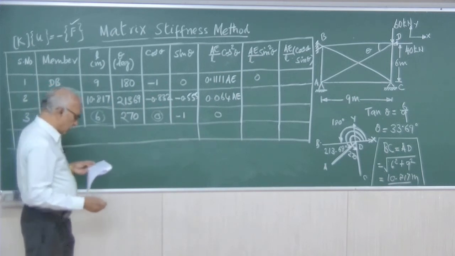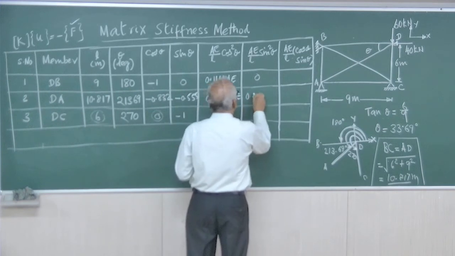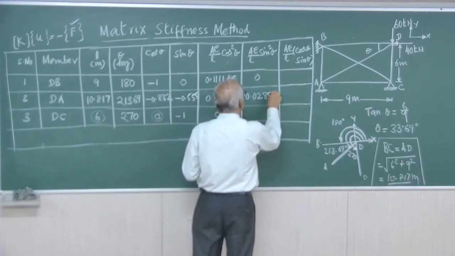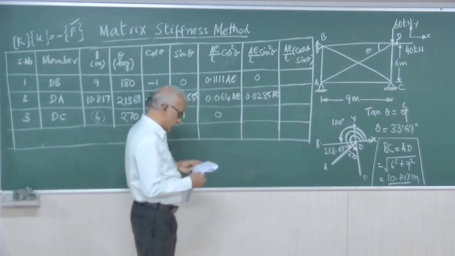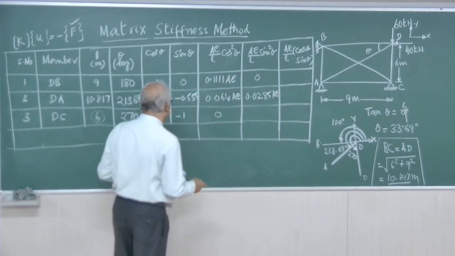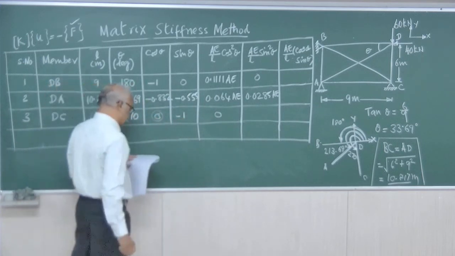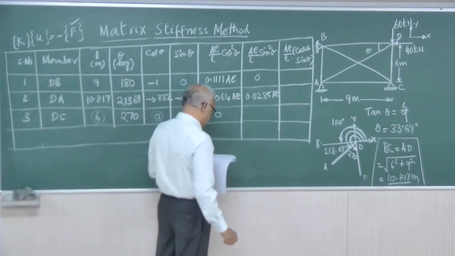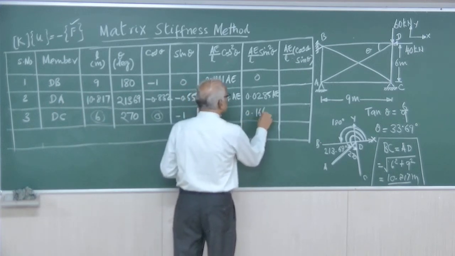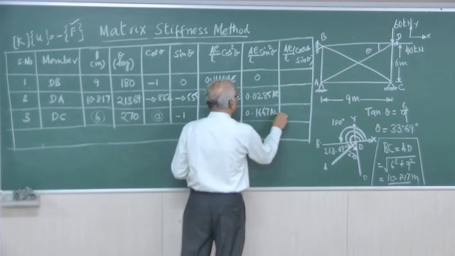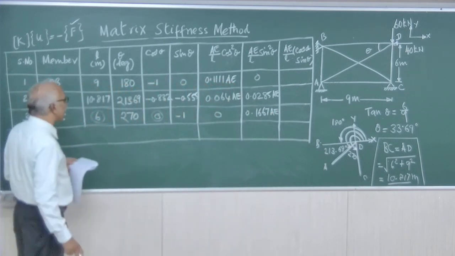So that value equal to 0.0285 AE. And similarly, minus 1 whole square by 6 will be 0.1667 AE.